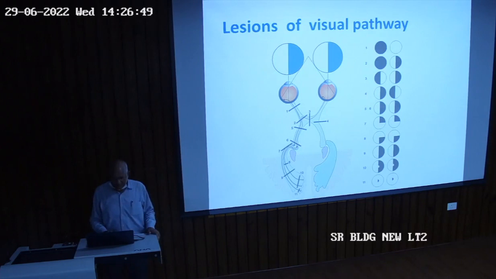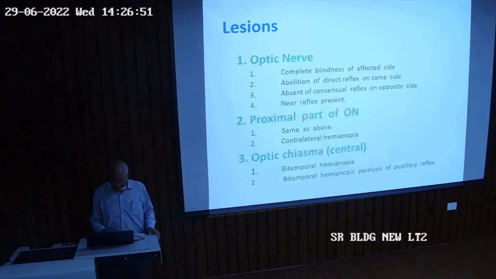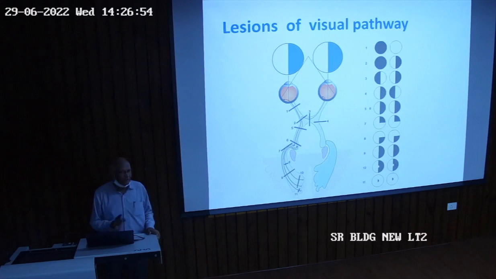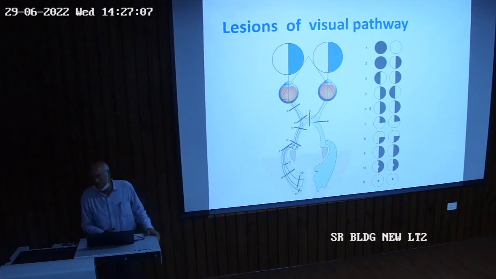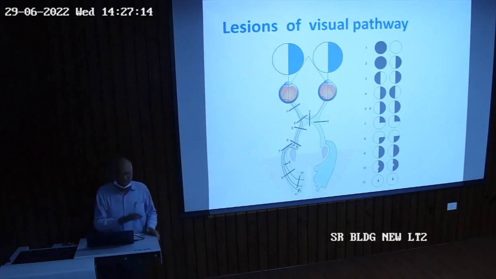Lesion is here, this is the cortex part. The gunshot injury, macula is involved on both sides. Just above this, in the optic radiation, macular fibers are spared because of the bilateral supply. Rest of this: right homonymous, left homonymous, or bitemporal hemianopia, binasal hemianopia, complete blindness.